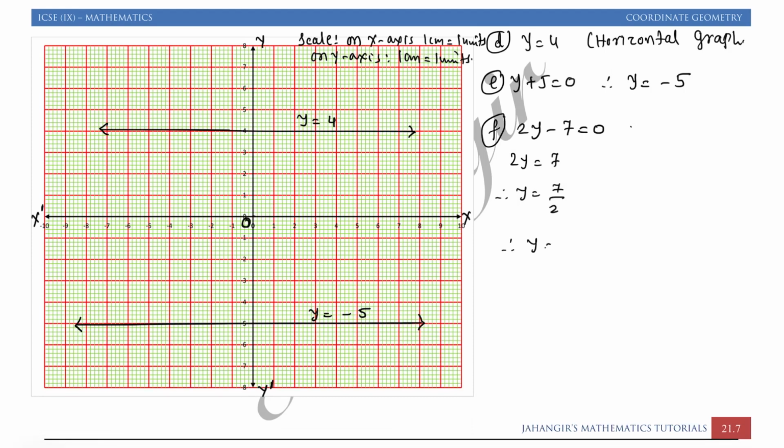Therefore y is equal to 3.5. So we have to draw a line from the 3.5 y value. 3.5 should be just between 3 and 4. So let us draw it properly.